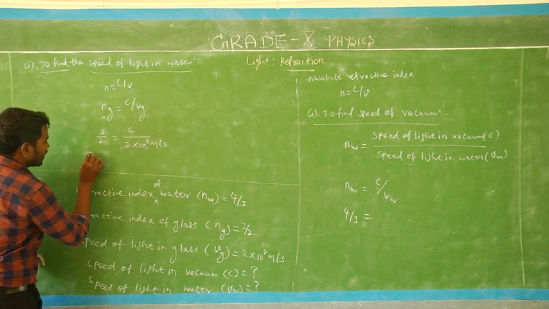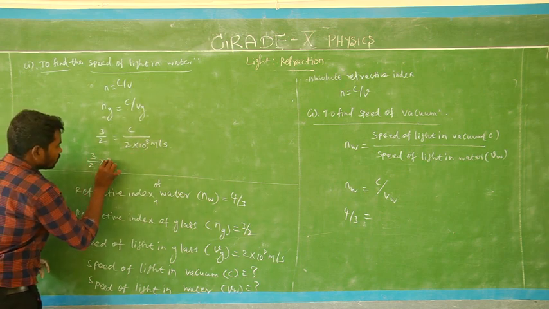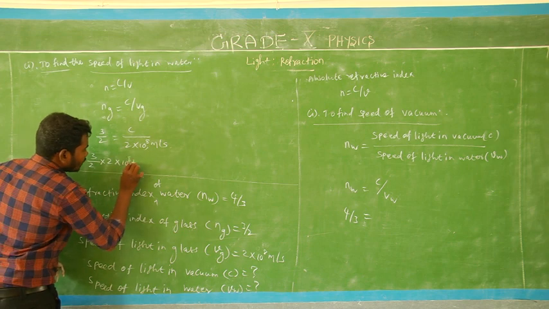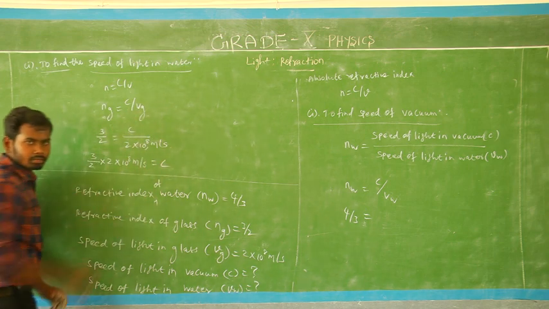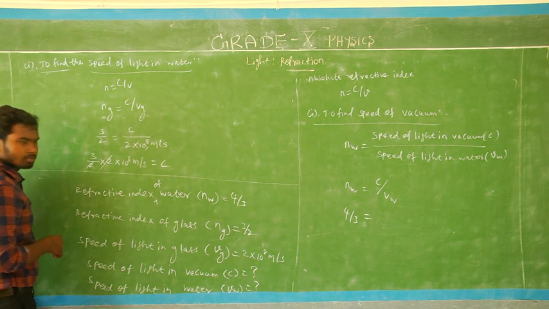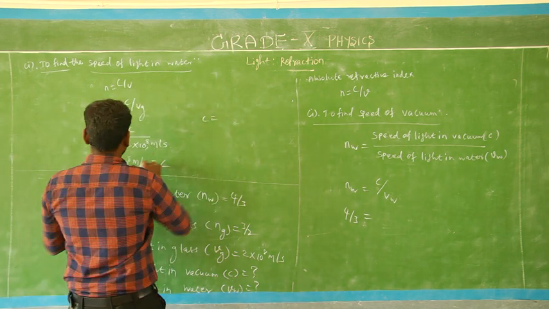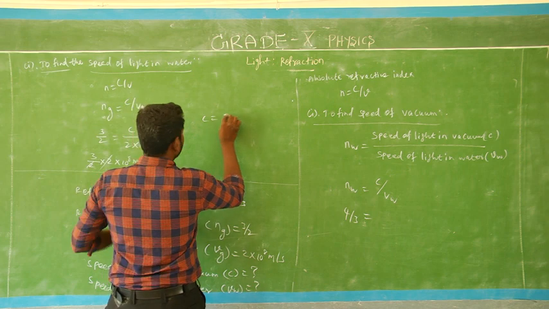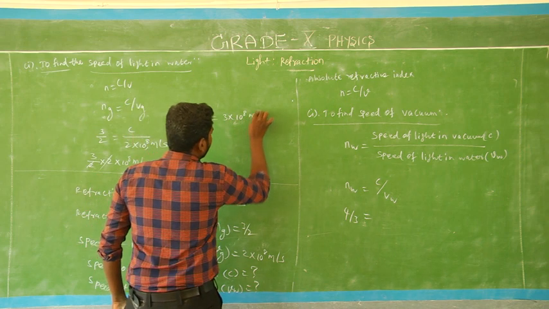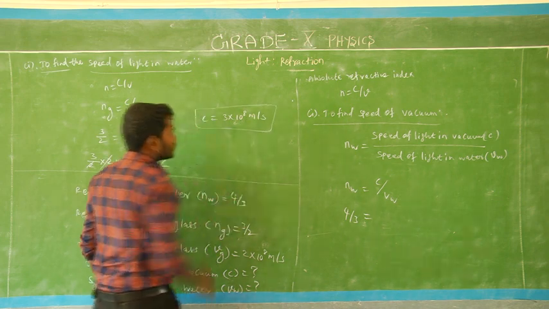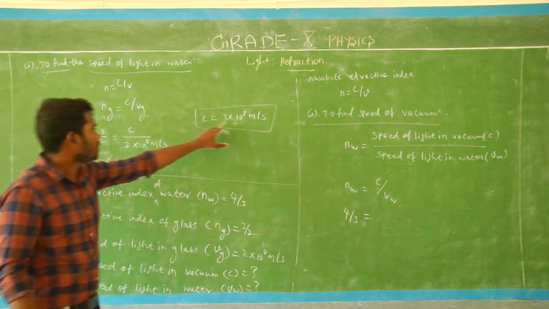So we get 3 by 2 into 2 into 10 to the power of 8 meter per second, and this is equal to C. Alright, so 2 cancels 2. So the C value, how much? C is equal to 3 into 10 to the power of 8 meter per second. The C value calculated is 3 into 10 to the power of 8 meter per second.